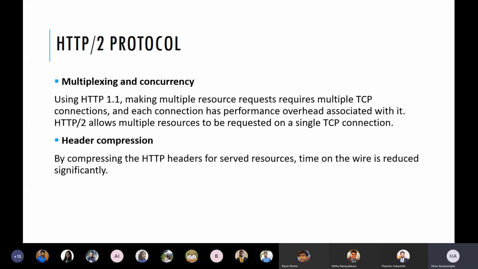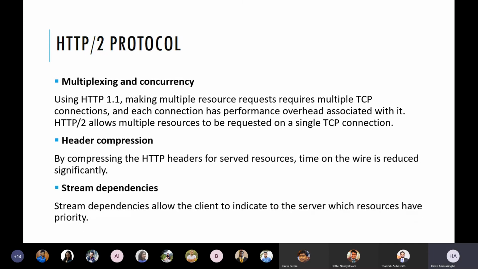Another one is header compression, which compresses the header to reduce the wire bandwidth, significantly reducing the header size. And stream dependency, so the client can define which resources have which priority. You can indicate these resources should be in this particular order.